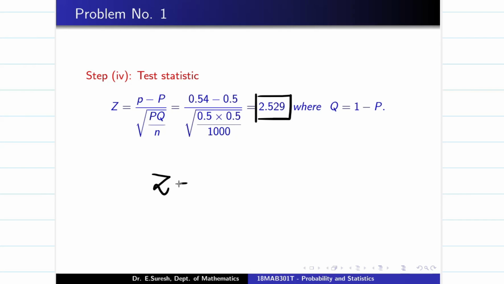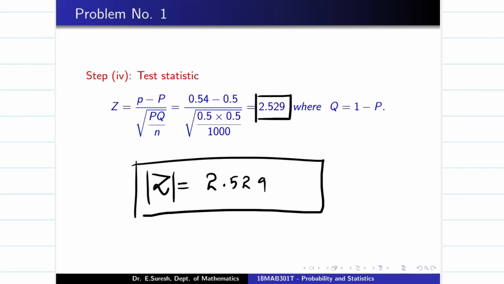My value is going to be 2.529. Since my table value is in 2 decimals, you can use 2 decimals, nothing wrong in it, or 3 decimals. Always I said do the modulus. Better to write 2.529, and the Z alpha value we have already calculated, 2.58.